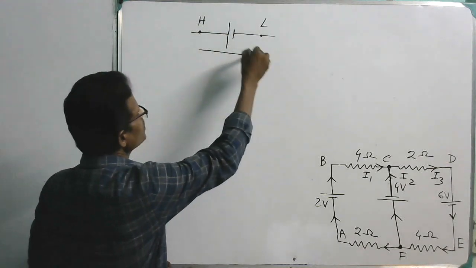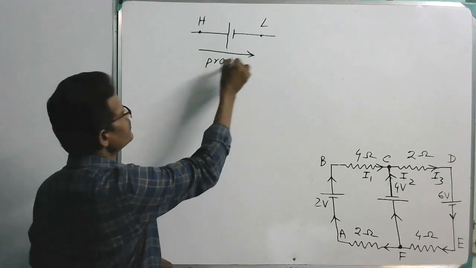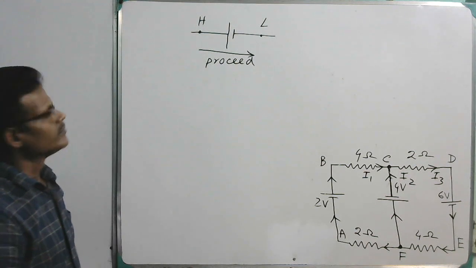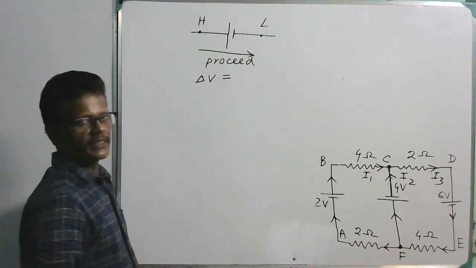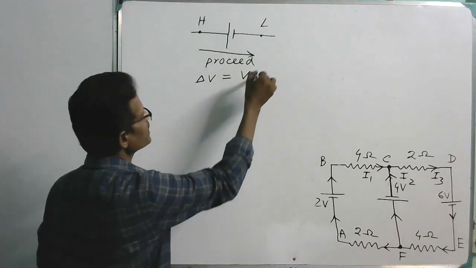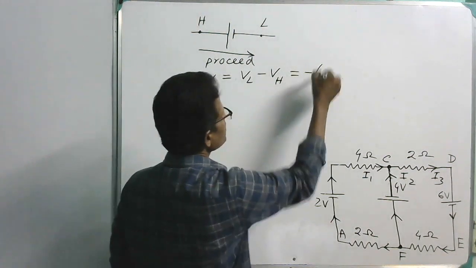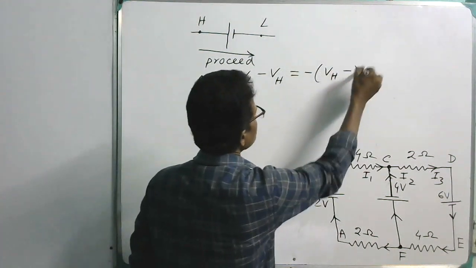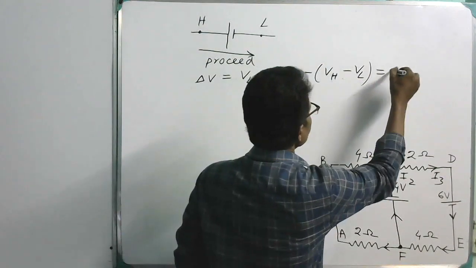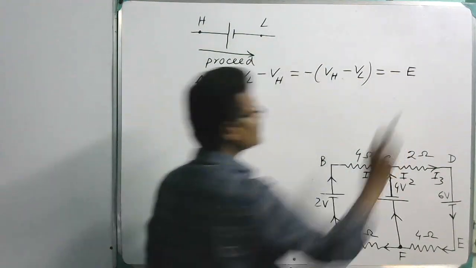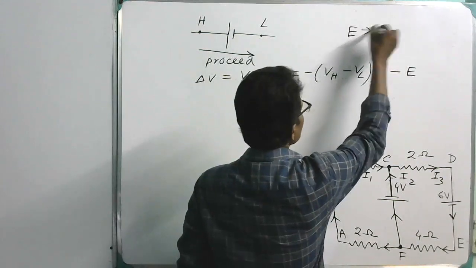So when you proceed this way from positive terminal to negative terminal, delta V, the change in potential, is VL minus VH, which is simply minus E, the EMF, the electromotive force.